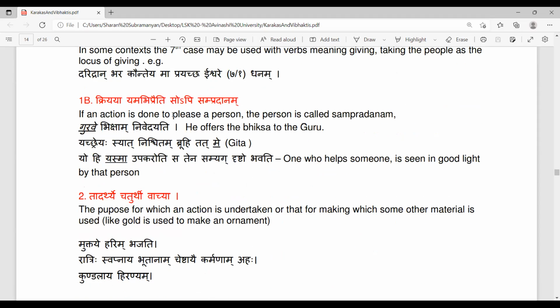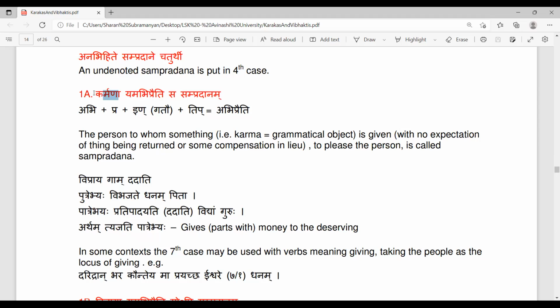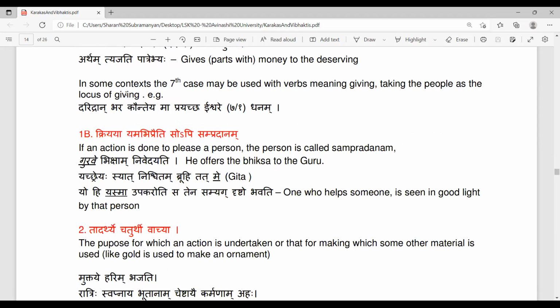Kriyaya yam abhiprayati saha api sampradanam. By action. Karmana yam abhiprayati. Here karmana is the karma, the grammatical karma, the object. Here it is kriyaya. If an action is done to please a person, that also will get the sanya sampradana.